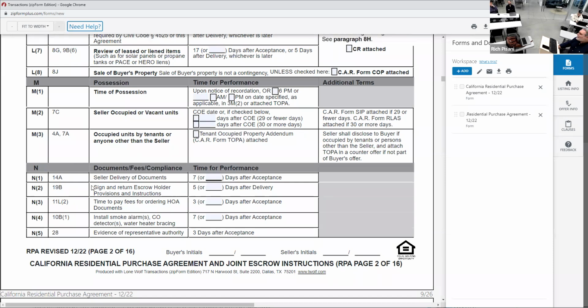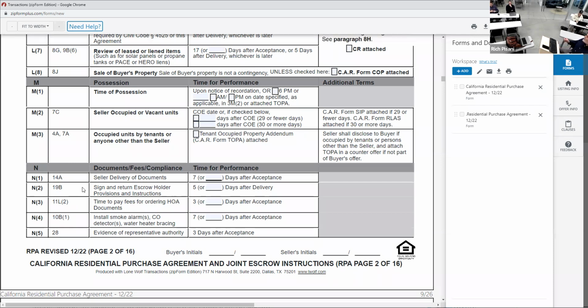People sit on this paperwork for some reason, I don't know why, but buyers, once they get the escrow instructions and everything, they need to return that stuff really fast. So they have 5 days to do it once they get it.